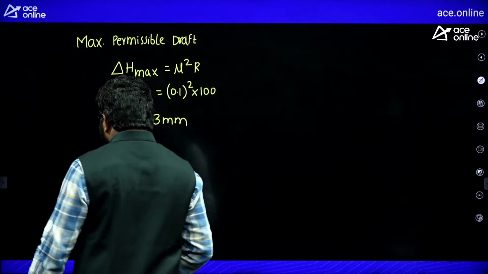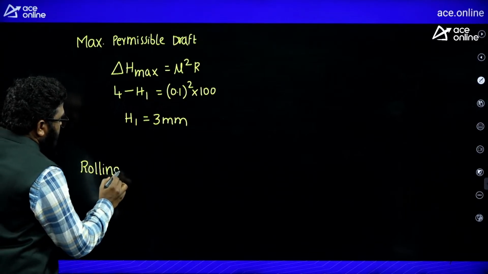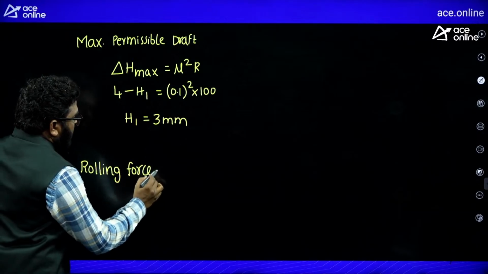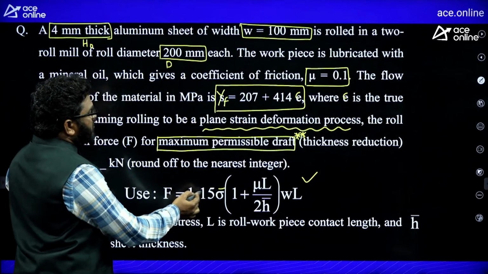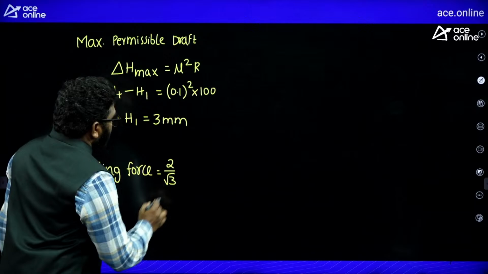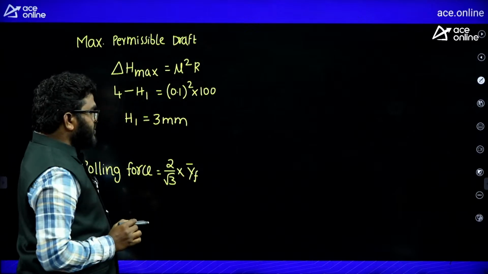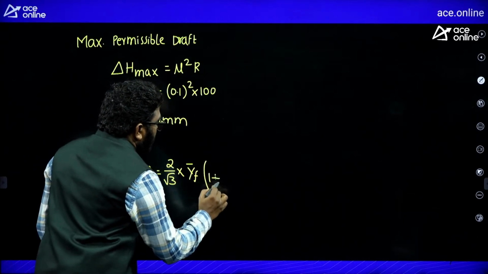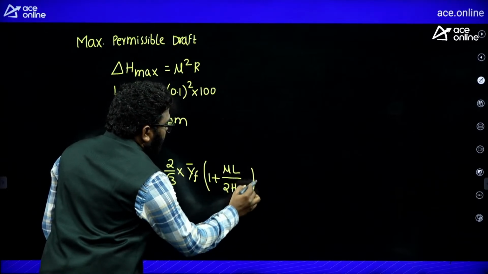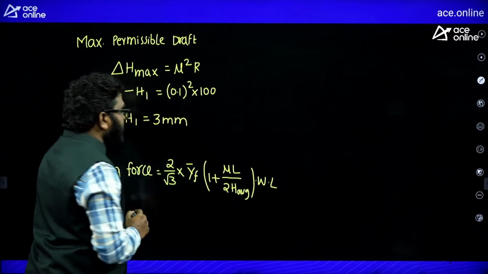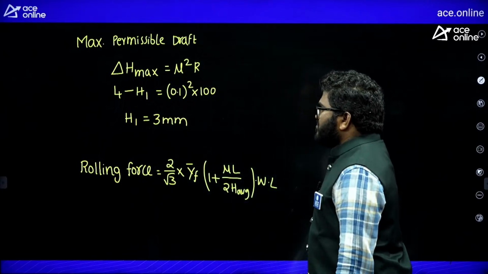Rolling force or roll separating force is 2 by root 3, don't confuse, which is nothing but 1.15 into sigma bar, or I am assuming here y bar f, the average flow stress, into 1 plus mu L by 2H average, into W into L. Last week also I gave this formula, right? So in this formula I should substitute the data.